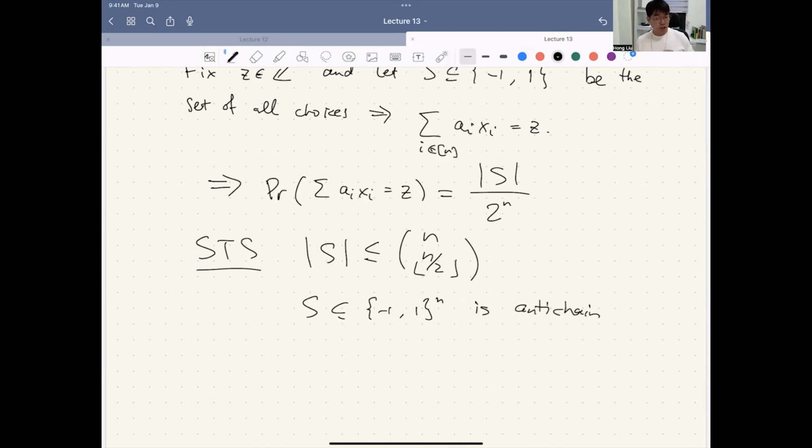If it's an anti-chain, as I said, again, we should think of this as {0,1}^n. So S corresponds naturally to a subset of the power set of n. If it's an anti-chain, by Sperner, it has size at most n choose n over 2 floor. By Sperner, it suffices to show, so now this is our goal.